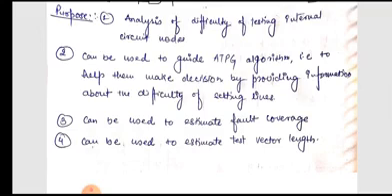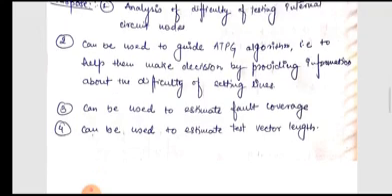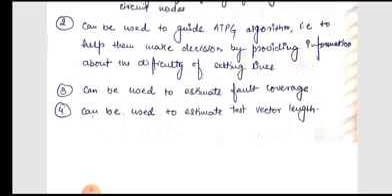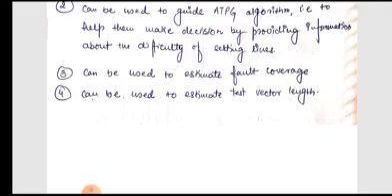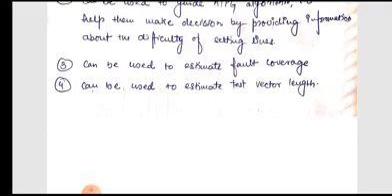That is the basic aim during test pattern generation and testing of the circuit. Second, it can be used to guide the ATPG, the automatic test pattern generator algorithm, helping it make decisions by providing information about the difficulty of setting the lines. Third, it can be used to estimate the fault coverage.